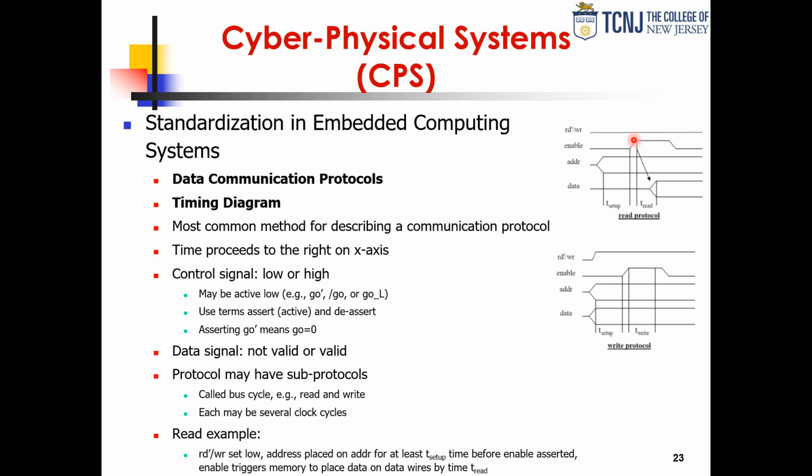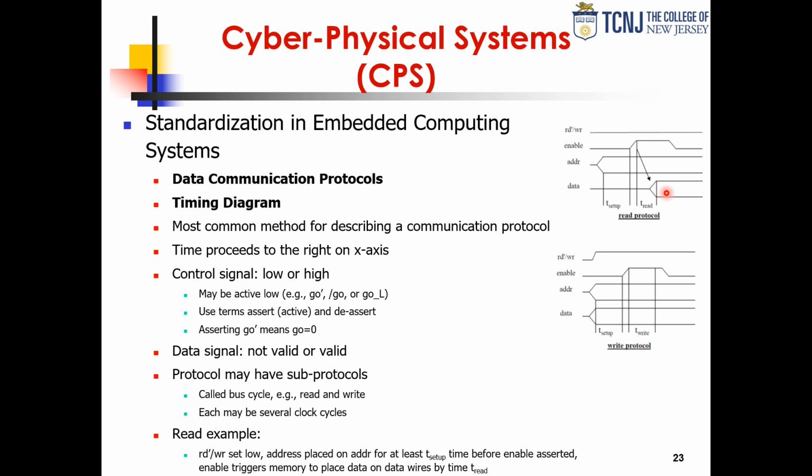At this point, the memory is going to have understood this address and is going to take some time to put on the bus, on the data bus, which is bidirectional in this case, the data that was at such address. How does the memory know that that's what it needs to do?